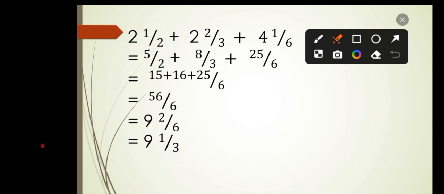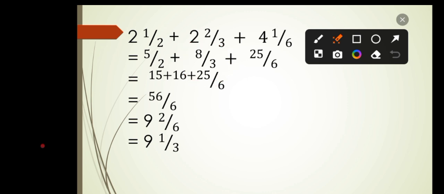We come to this one now. This denominator 3 multiplied by this whole number 2, what do we have? We have 6. 6 plus 2, the numerator, will give us 8. That's how we have 8 over the denominator 3.